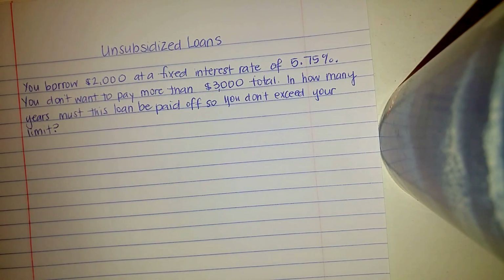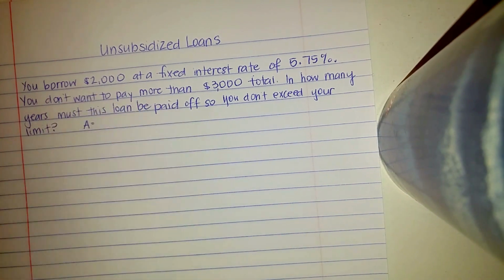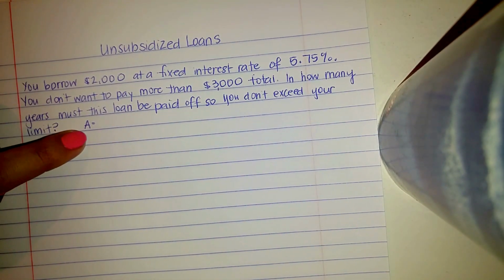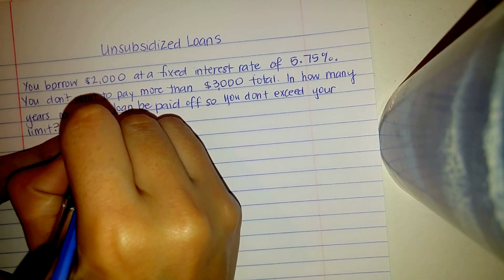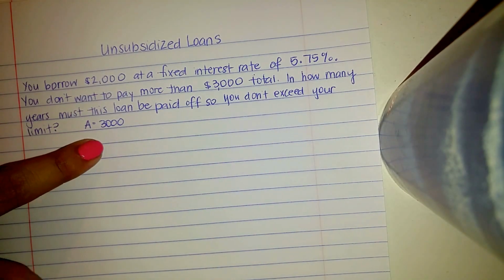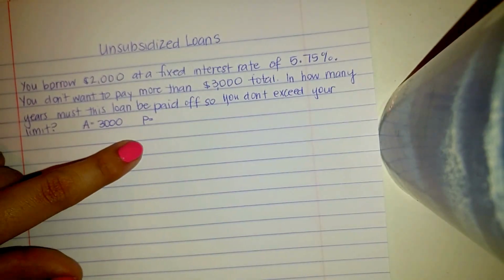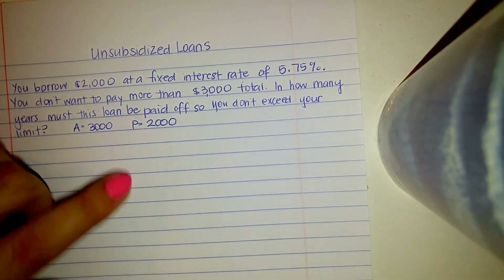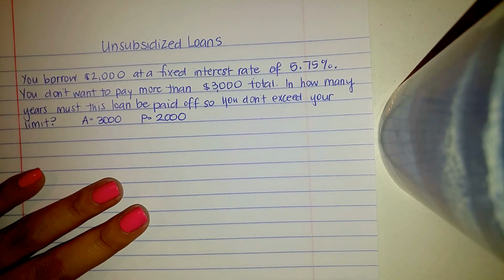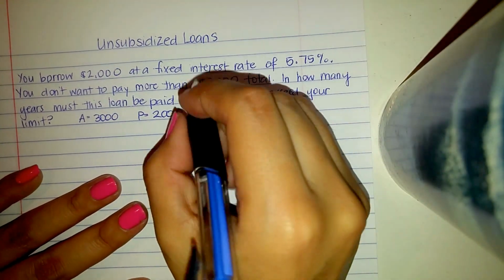So again, I'm going to identify my variables. In this case, I do know what A is. I don't want to owe more than $3,000, so that is my A. My P is my principal amount. I know that I borrowed $2,000. I do know my interest rate.